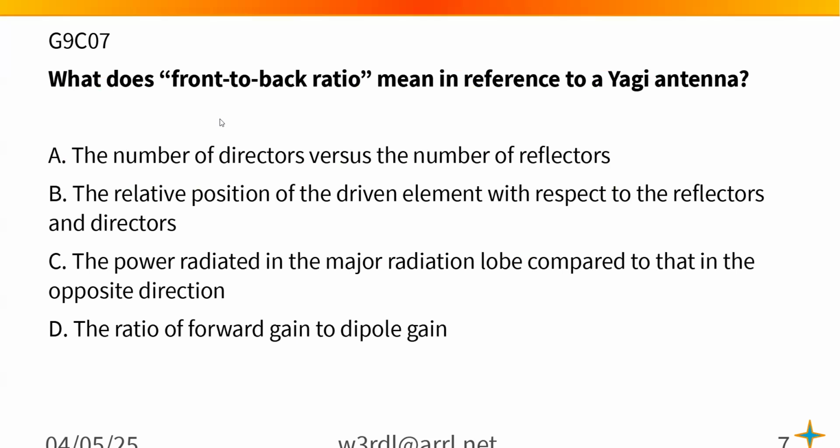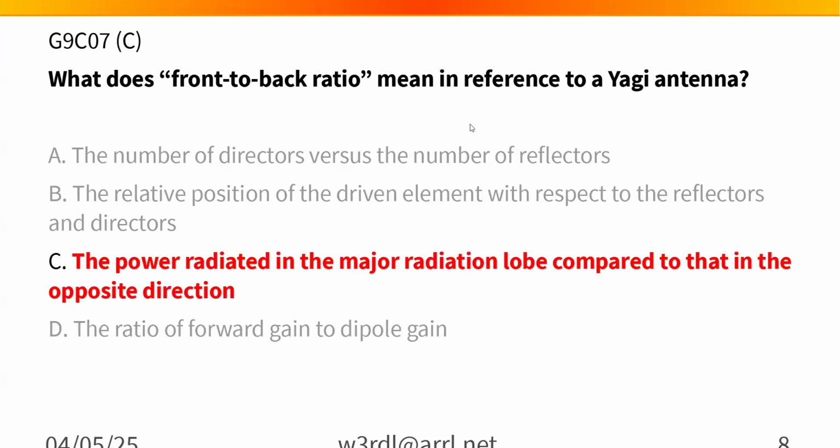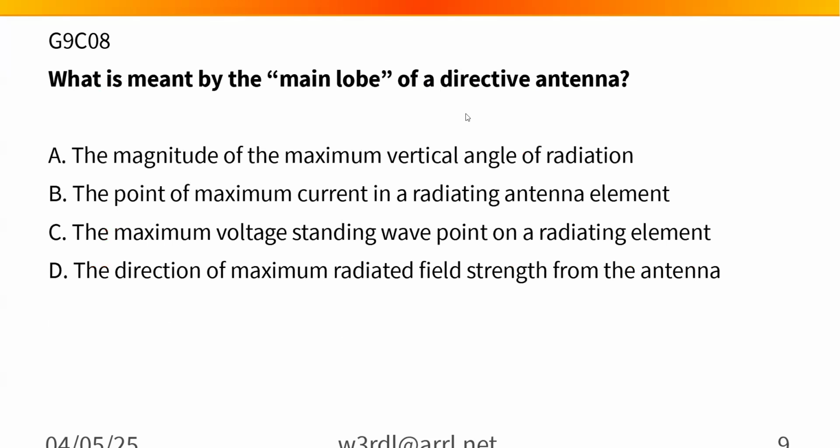So what does front to back ratio mean in reference to a Yagi? What's meant by the main lobe of a directive antenna?